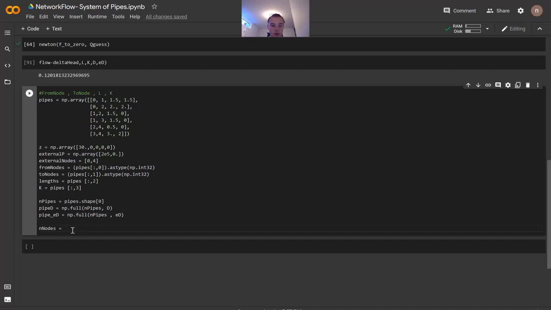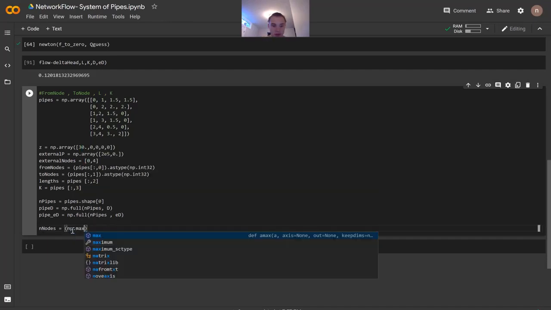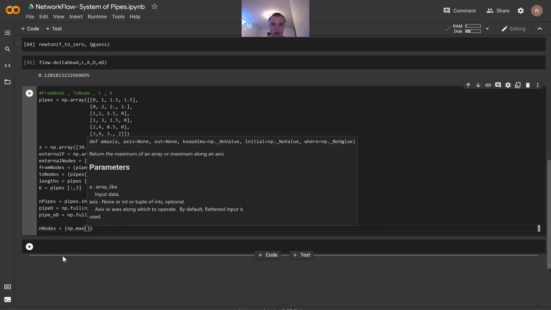To implement that, we're going to use something in NumPy called np.max. This will return the max value in that to node column. If you have a pipe system with like 100 to 1,000 different pipes, it's a lot easier to do it this way than hard coding in some sort of number.